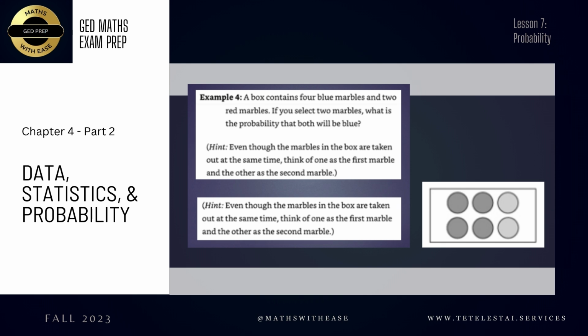So even though the marbles in the box are taken out at the same time, think of one as the first marble and the other as the second marble. This is a dependent draw, but still just think of them as your first and second marble.